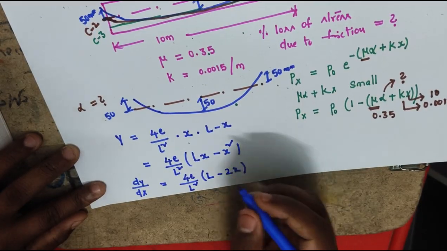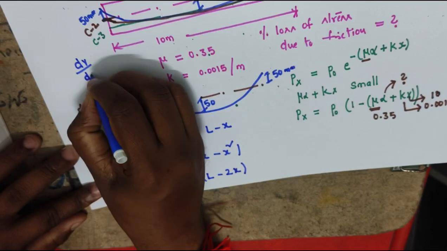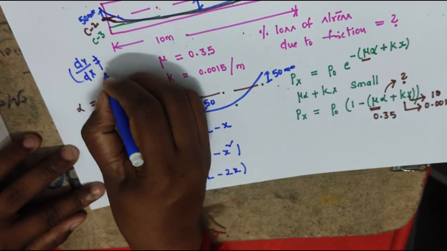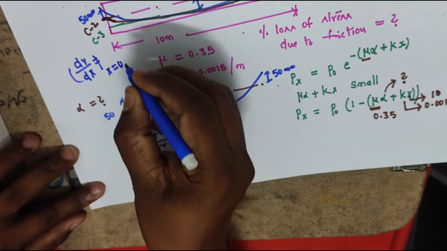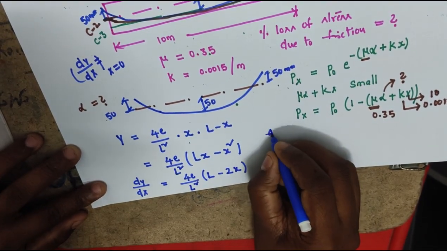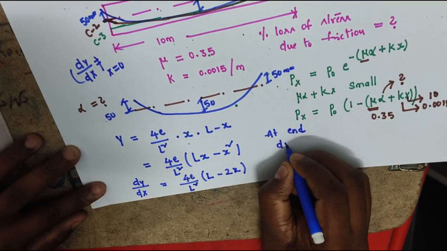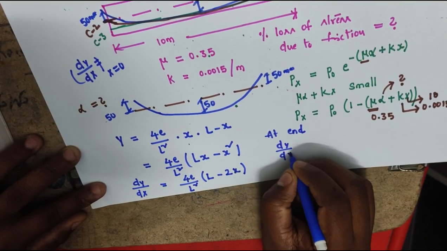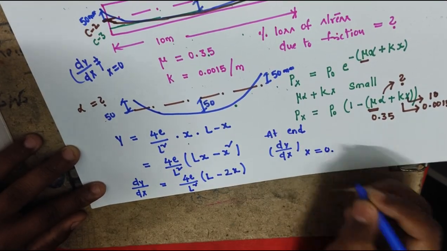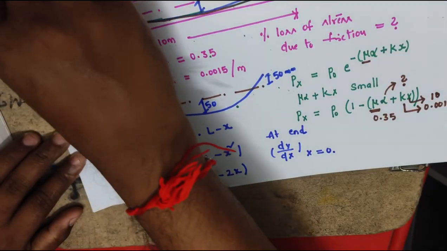Now I need to determine slope at end, means dy by dx at distance of x equal to 0, right? At end, if you want to determine the slope, dy by dx can be determined with x equals to 0, right?